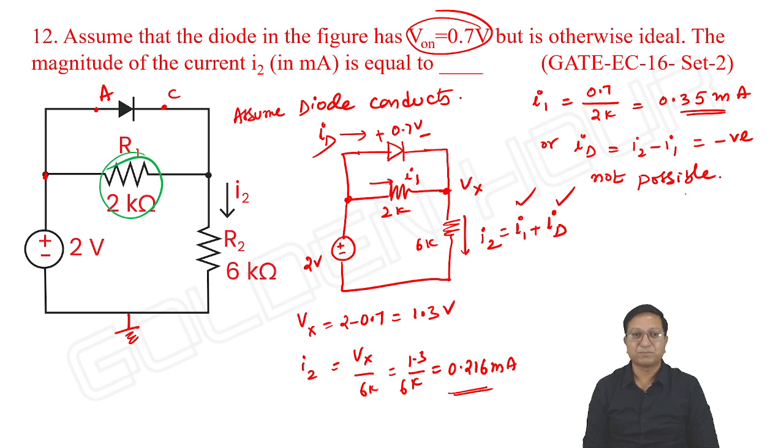If that is the case, what about the current I2? See this. The diode acts as an open circuit. The diode simply acts as an open circuit.